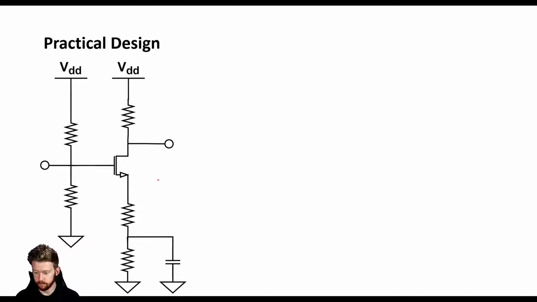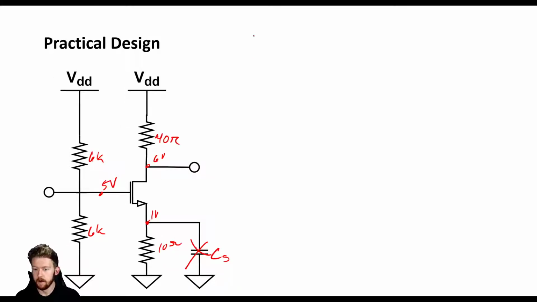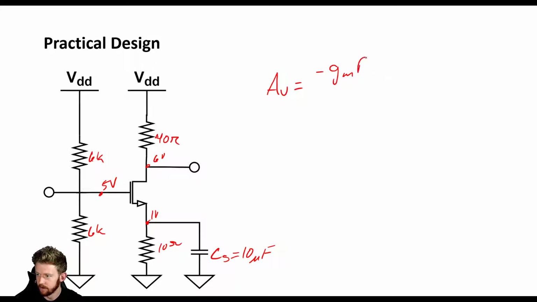Now we can plug in this same equation. We have all these same DC values because this capacitor isn't here. But if we choose this capacitor to be large enough, like maybe 10 microfarads is good in most cases, then what we'll see is that our information for gain has changed. We still have minus GM RD, and on the bottom, we have 1 plus GM RS.